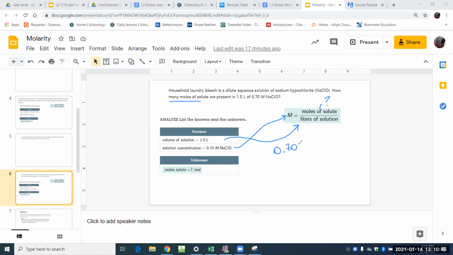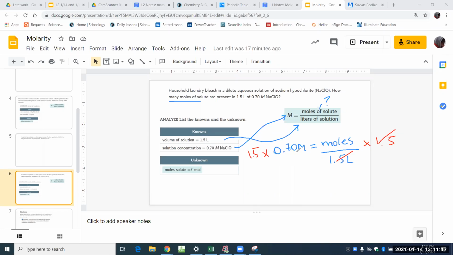0.70 molar equals moles, I don't know the moles, over 1.5 liters. Okay, so then it becomes an algebra problem. And let's solve it. Multiply both sides by 1.5. Okay, this cancels with this. Then I'll multiply 1.5 by 0.7.